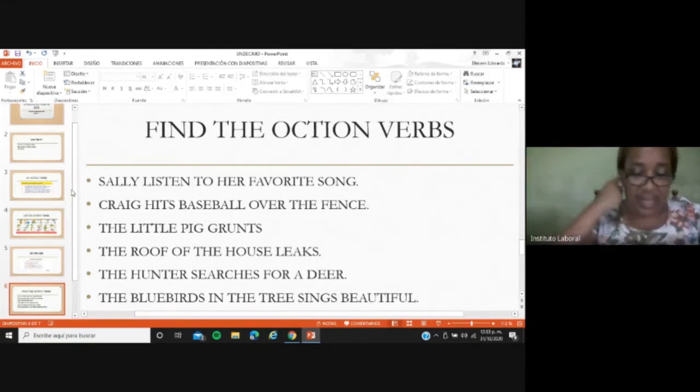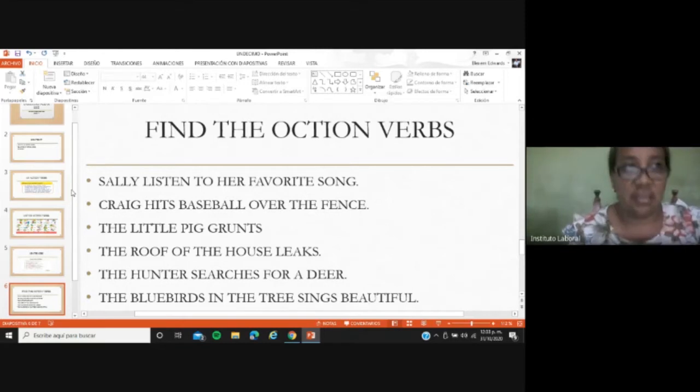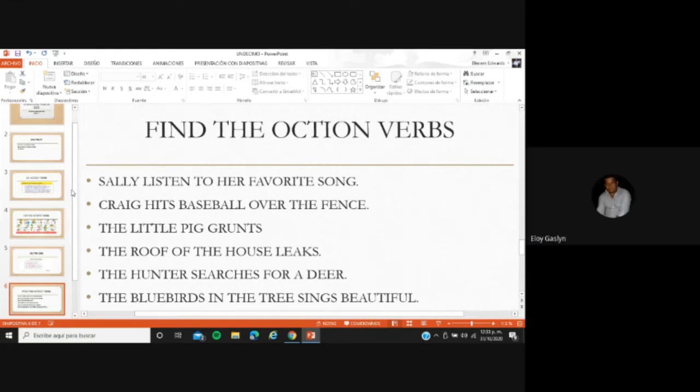If I say in a sentence, for example, I eat potato, which is the action of the sentence? Eat. It is the action. If I say, I learn English every Saturday. Learn.